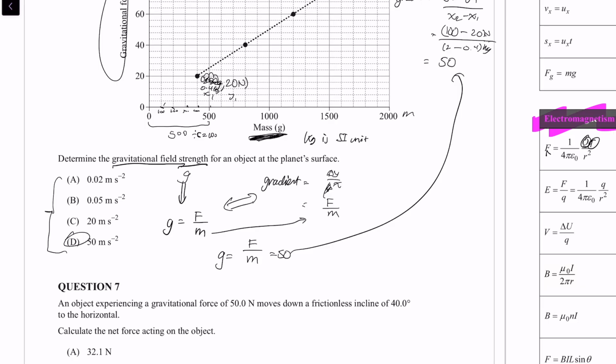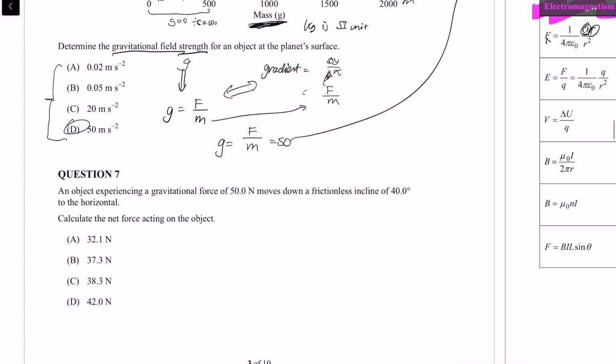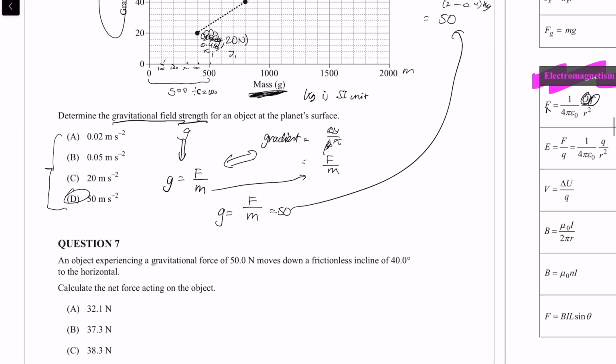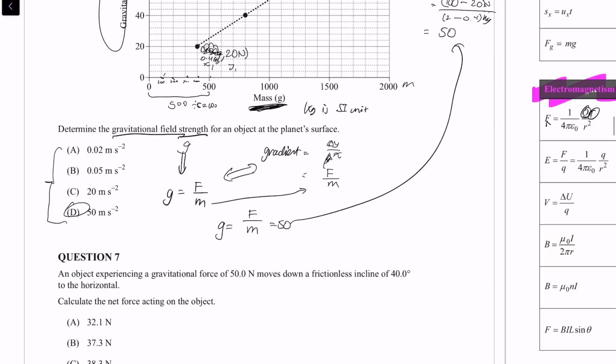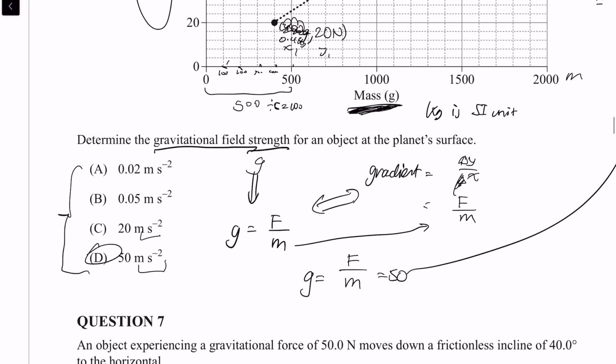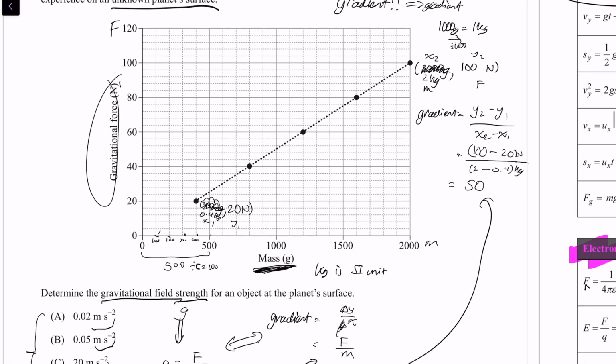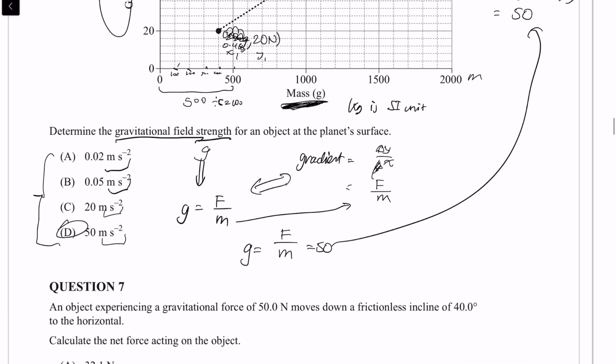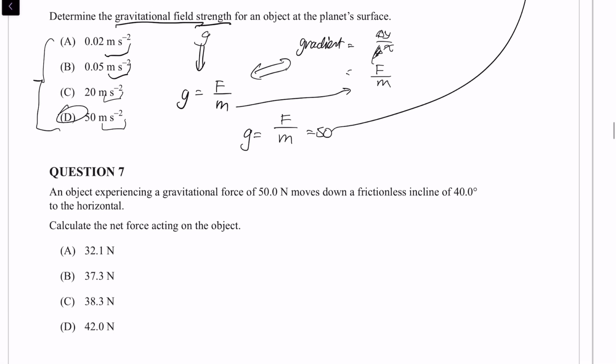In terms of the units, they're all the same, so I don't really have to worry about them too much. But just making sure they're all consistent is important to get the actual value.